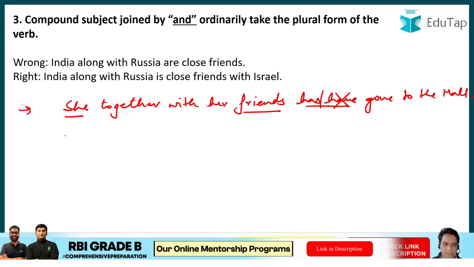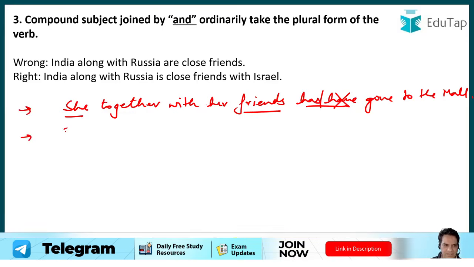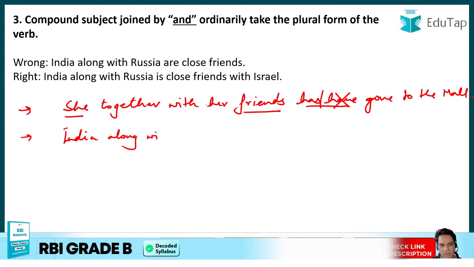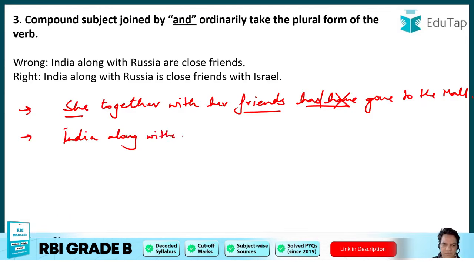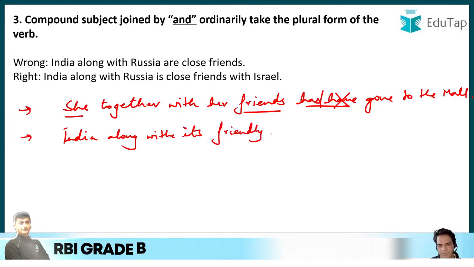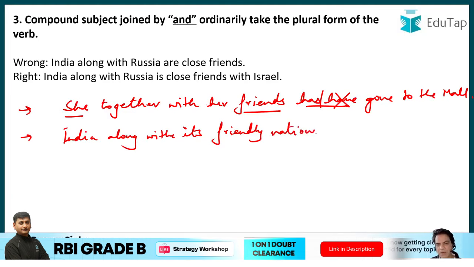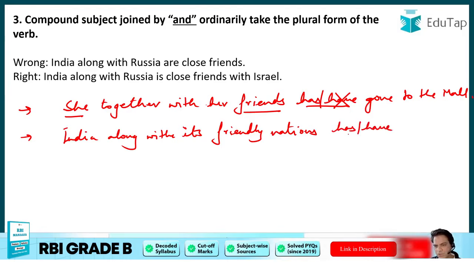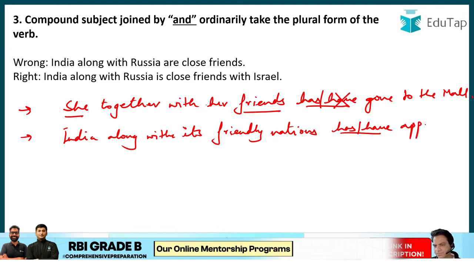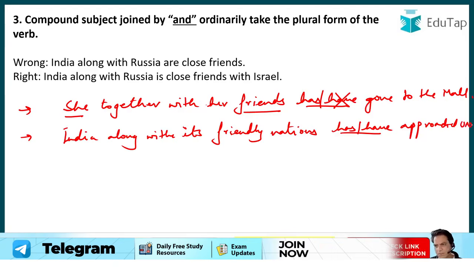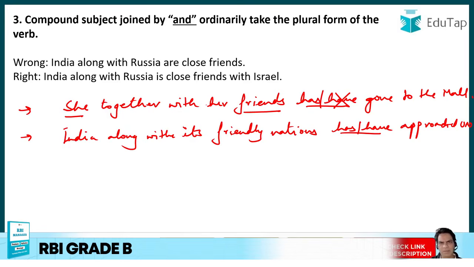Now for example, let me take another example. India, along with its friendly nations, has approached, or have approached, UNO regarding the ill treatment of minorities, whatever the sentence is.